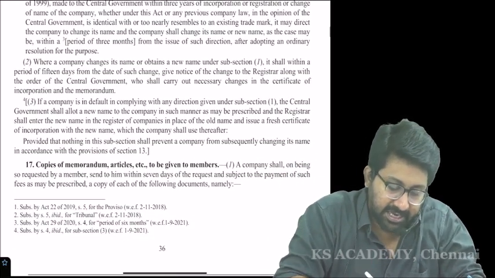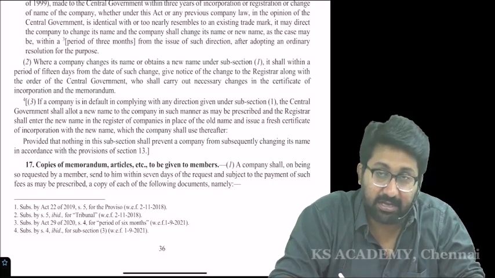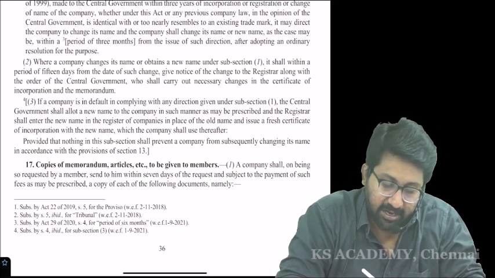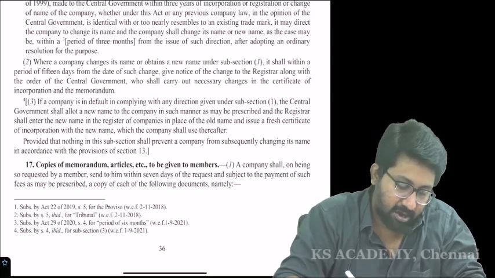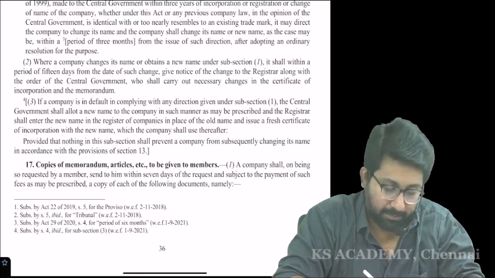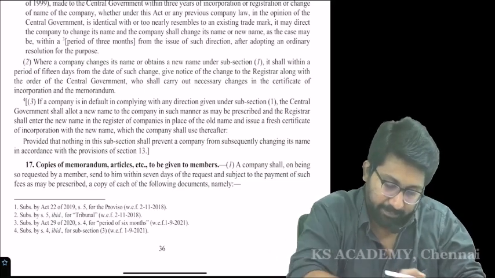Where a company changes its name or obtains a new name under subsection 1, it shall within a period of 15 days from the date of such change give a notice of change to the ROC along with the order of CG, who shall carry out necessary changes in the certificate of incorporation and the memorandum.